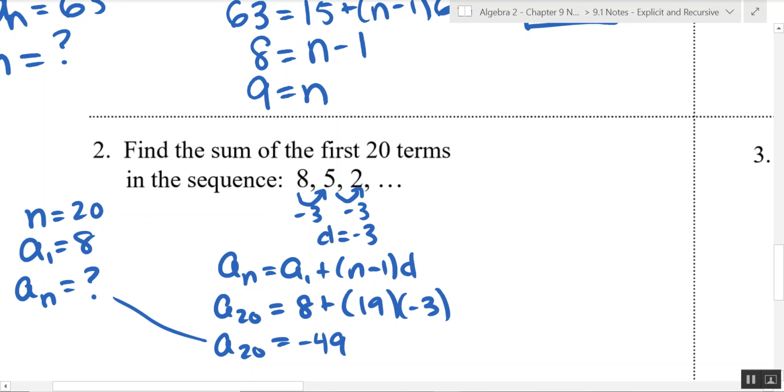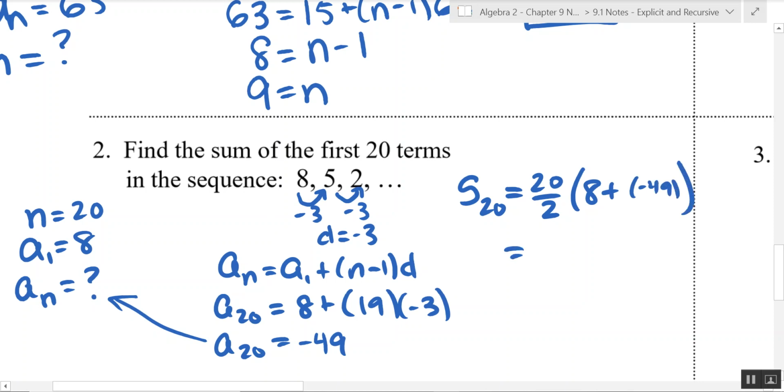So that is going to be our nth term. And now we can complete the formula. The sum of the first 20 terms would be equal to 20 divided by 2, or n divided by 2, times the first term, which is 8, plus the last term, which is negative 49. And this winds up being 10 times negative 41, or negative 410.